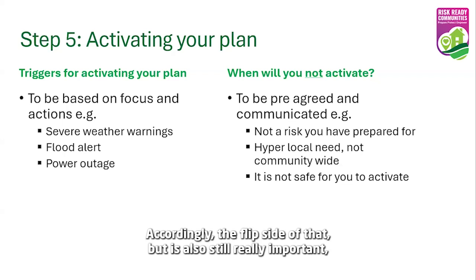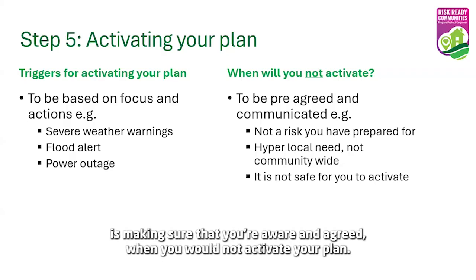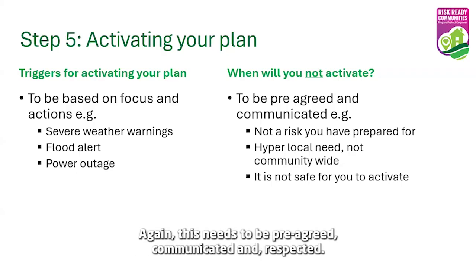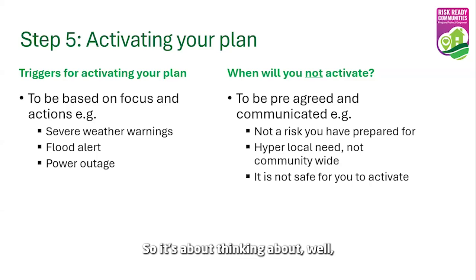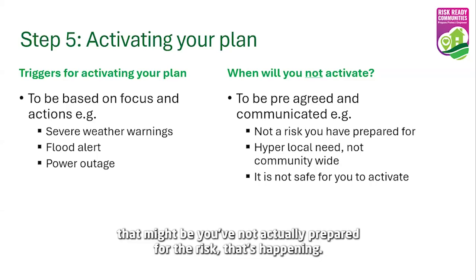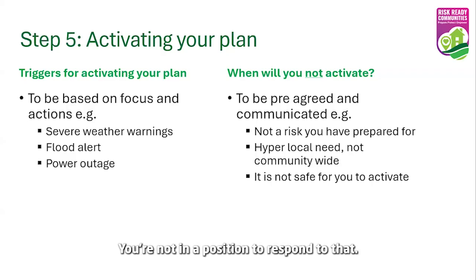The flip side of that, which is also still really important, is making sure that you're aware and agreed when you would not activate your plan. Again, this needs to be pre-agreed, communicated, and respected. That might be because you've not actually prepared for the risk that's happening, so you just don't have that in your plan and you're not in a position to respond to that.